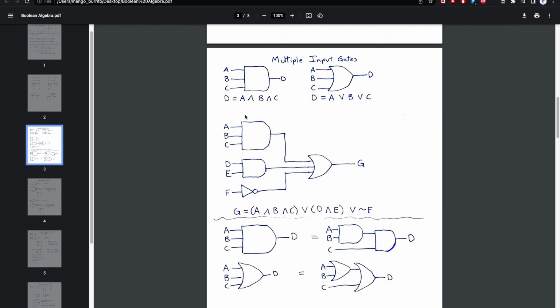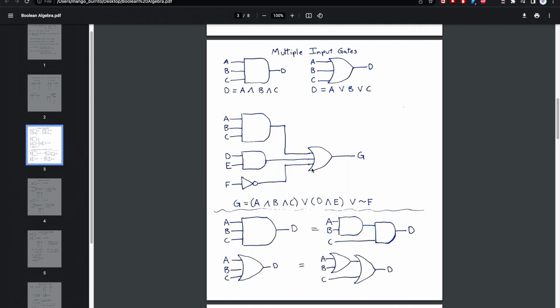So you can see how you can chain these gates together to create a circuit to evaluate this Boolean expression. A and B and C, that's right here. We have D and E, that's this gate right here, and then not F. All of this goes into an OR gate.